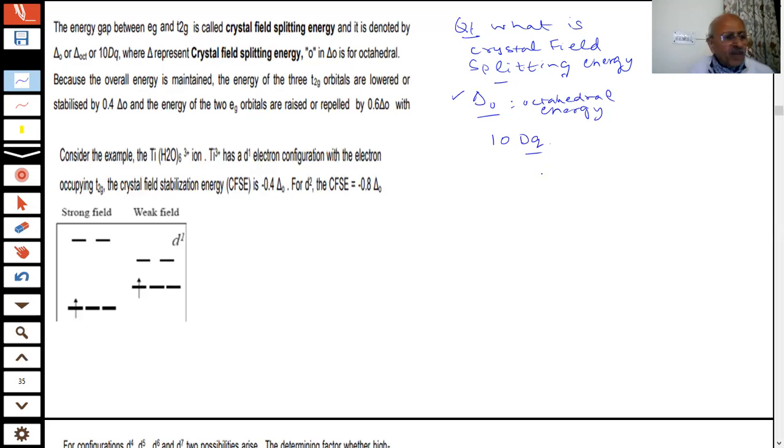They have not mentioned DQ in the NCERT book, so we are not taking it. It is a representation of energy. Actually, the value is written as 10 DQ, for students going for JEE and other competitions.